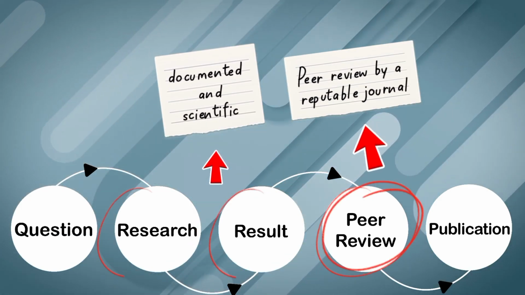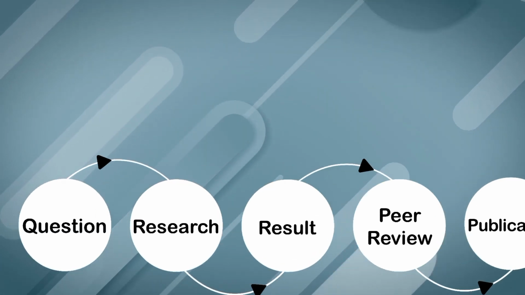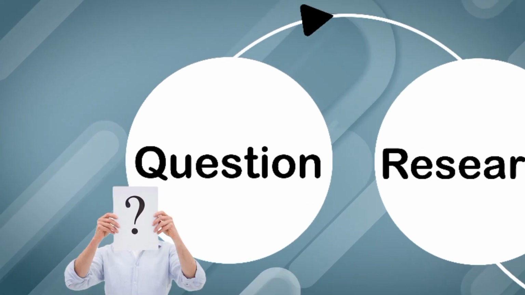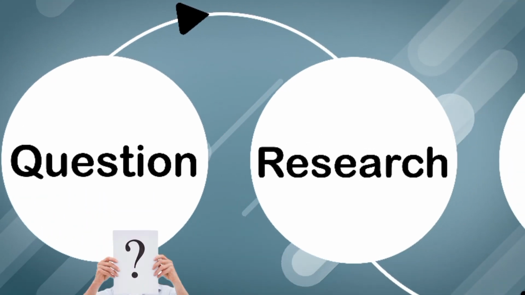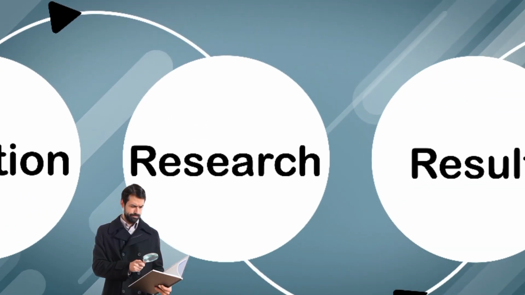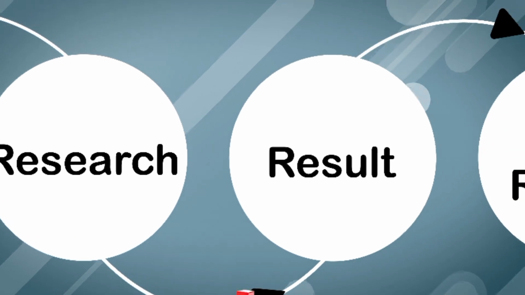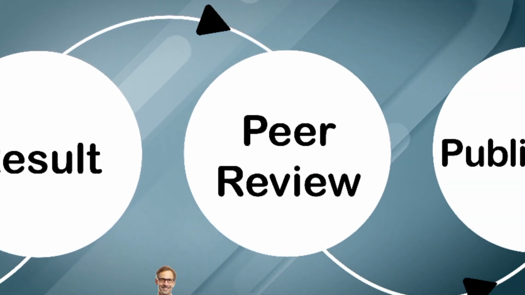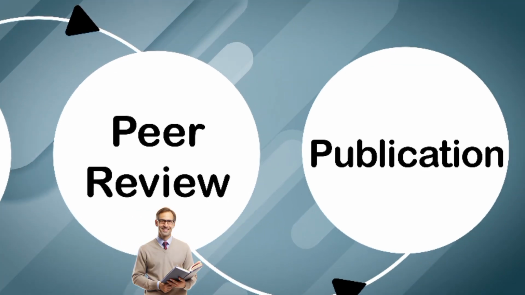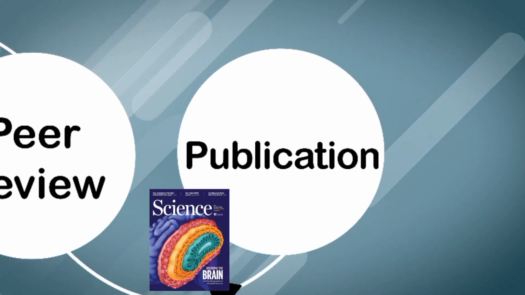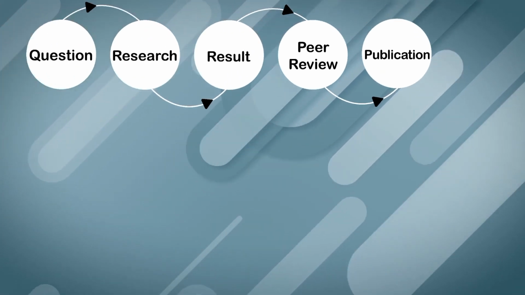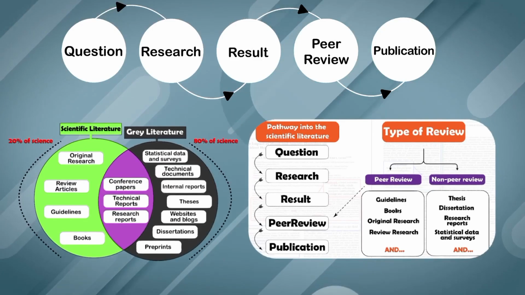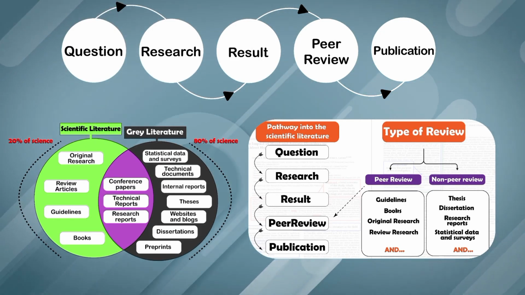For a study to enter the scientific literature, it must begin with a specific question and objective. The researcher designs the research path, collects data, and ultimately reaches a result that undergoes peer review and, after approval, is published. This is the cycle that transforms a study into a scientific article.